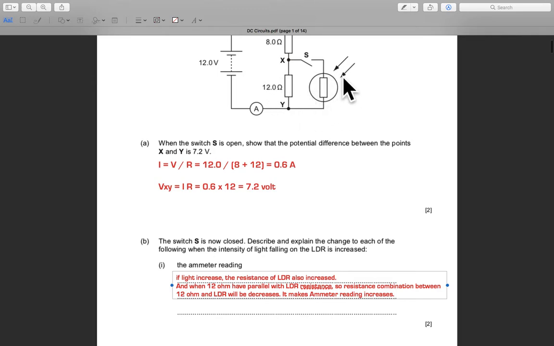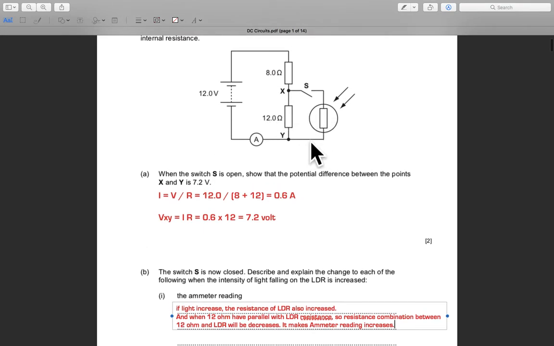If we calculate this combination, the resistance goes down, below 12 ohm. So if this combination decreases, the total resistance decreases also.